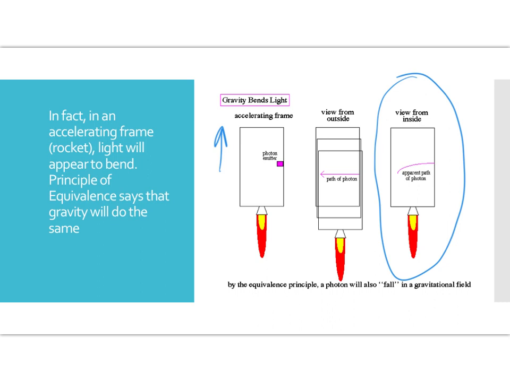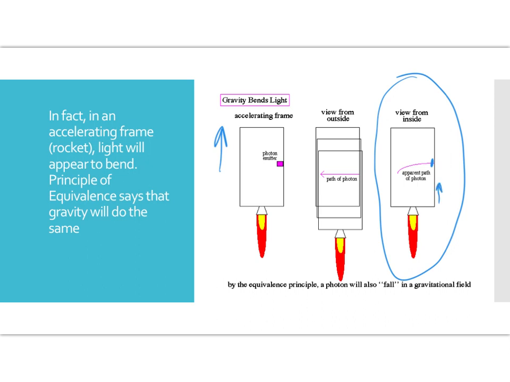But if you put a pulse of light in, and maybe you just turn on a laser really quickly and then turn it off, that laser is going to want to travel across the width of the rocket. But in the time that the light is traveling, the rocket is also moving up.